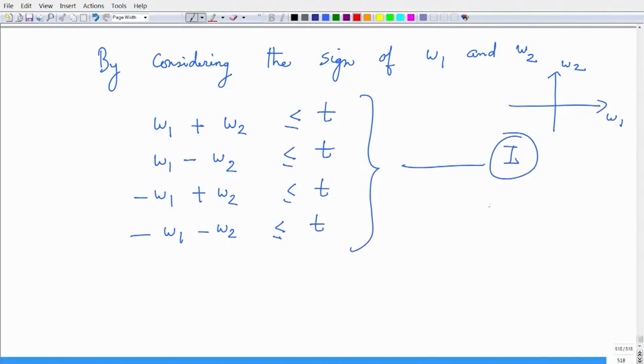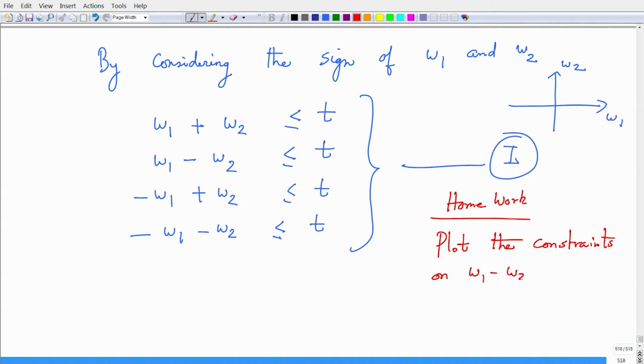So, I will leave this as a homework, because as a graduate student you should be able to do this. Plot the constraints on the W1 W2 plane and show the feasible region.